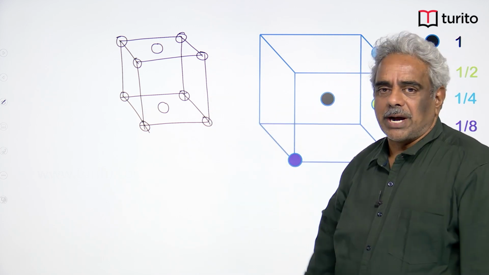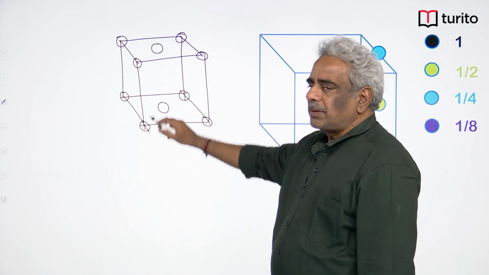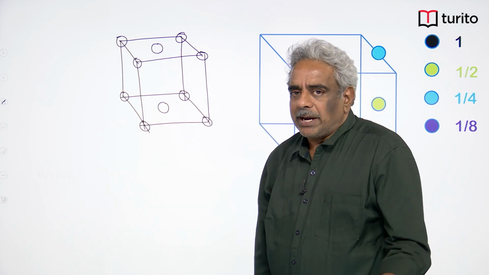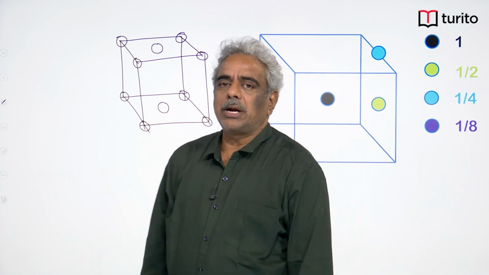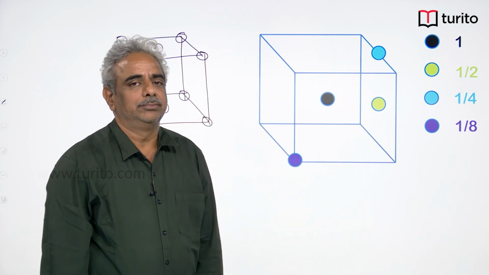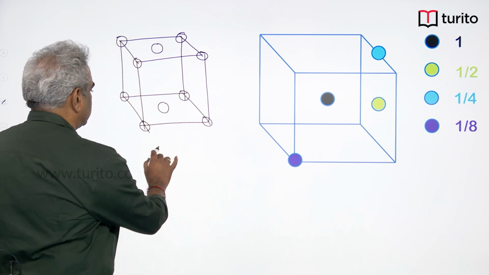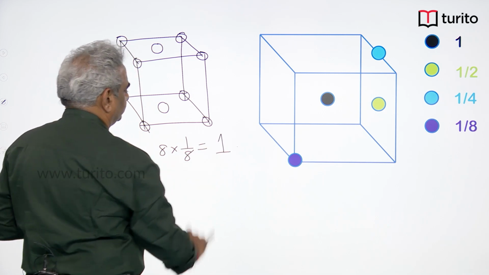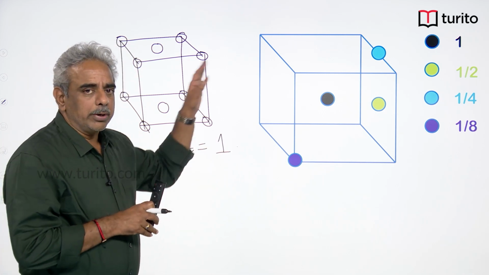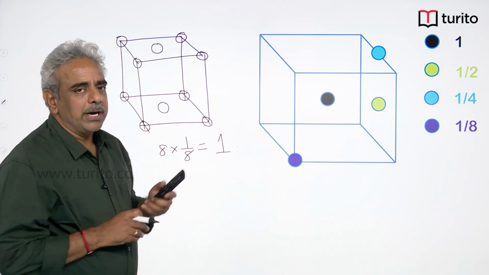How should we understand this? Very simple. You just find the atoms in the corners. All the 8 corners have got 8 atoms. Just now I told you a corner atom should be taken as 1/8. So how many corners are there? 8 corners. So 8 into 1/8 makes 1 atom. Don't count 8, 1 atom is there, and on the faces you are finding 2.